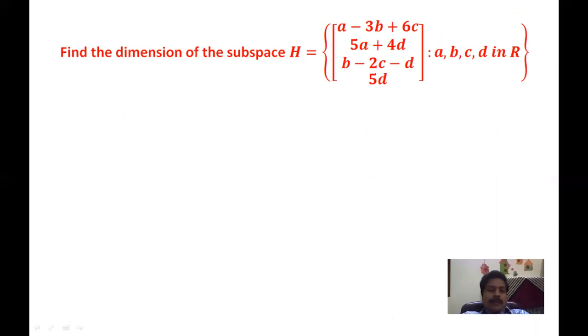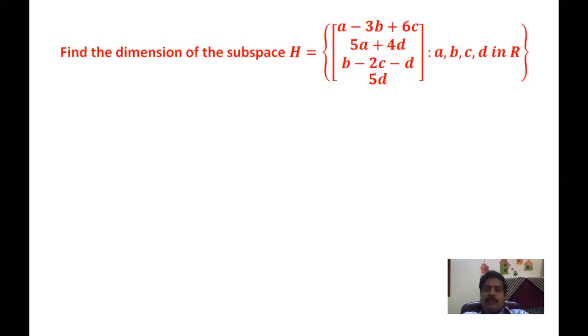Find the dimension of the subspace H, which is the set of column matrices with A minus 3B plus 6C in the first row, 5A plus 4D as the second row entry, B minus 2C minus D as the third row entry, and 5D in the fourth and last row entry, where A, B, C, D belong to R. So these are real numbers, and H is a subspace denoted by this matrix.